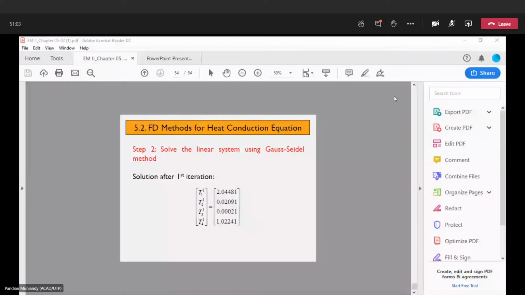But T13 is 0, it is already the initial condition. T13 is 0. Therefore, 2.0875 divided by 2.04175. I repeat again, 2.0875 divided by 2.04175 equals to what? 5 decimal places.